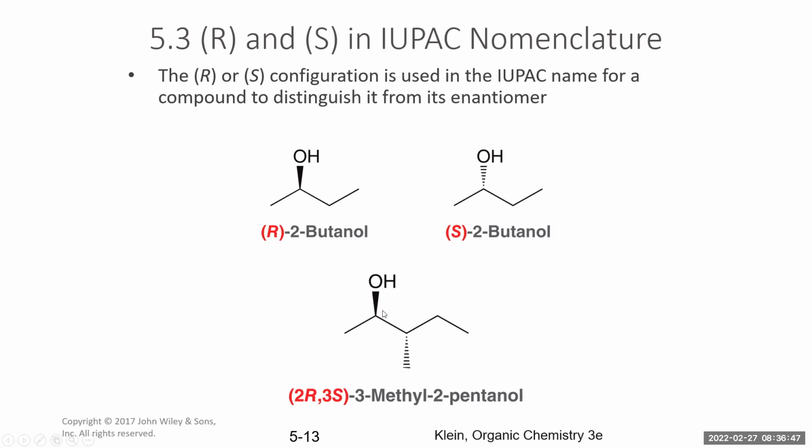So then carbon number 2 and carbon number 3 are chiral centers. So I'll list the configuration of 2 first with the 2 in front of it. So this is R, so it becomes 2R. And this is S, so it becomes comma 3S. And if there were more, you would just keep listing them in number order, like 2R, 3S, 4S, 5R, and so on.